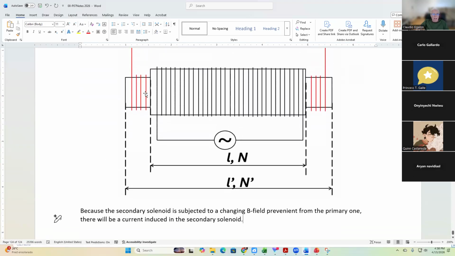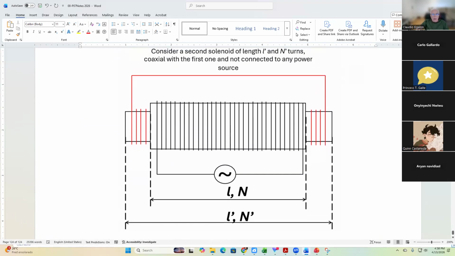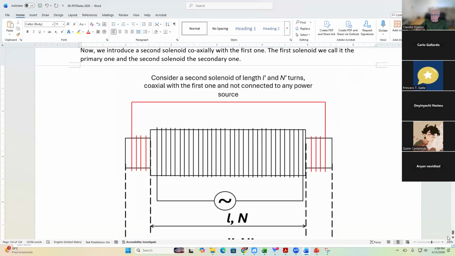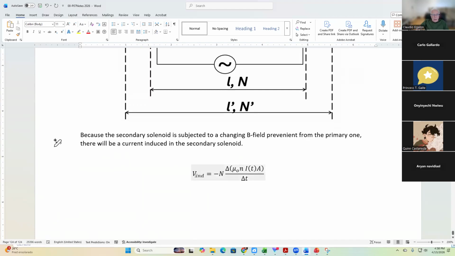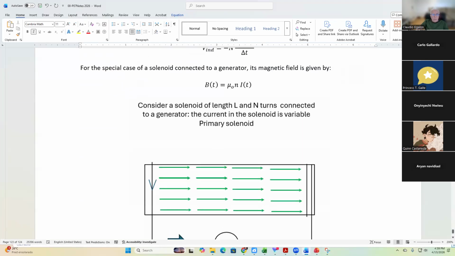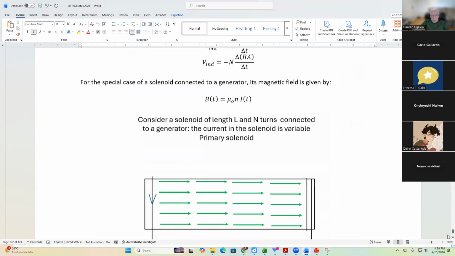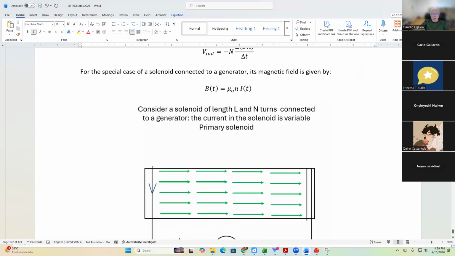We have a changing magnetic field here inside the solenoid. And by the way, there will be an induced current in the secondary solenoid. And then we can write down the induced voltage. Let's write that here.